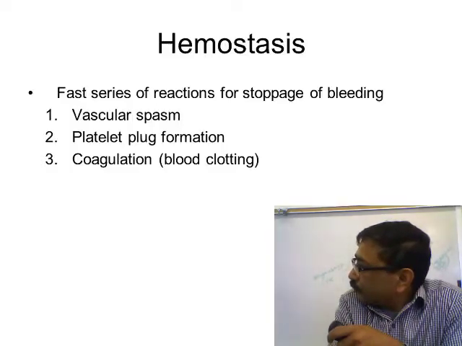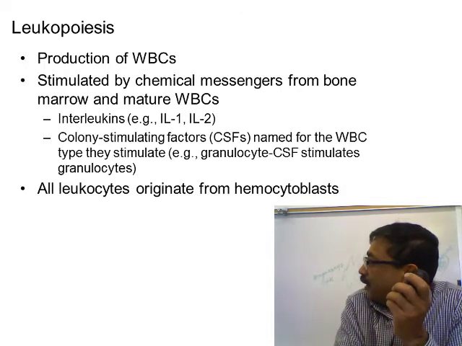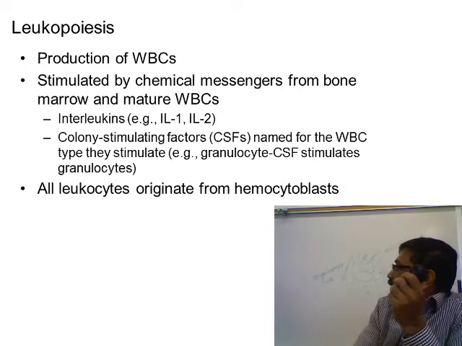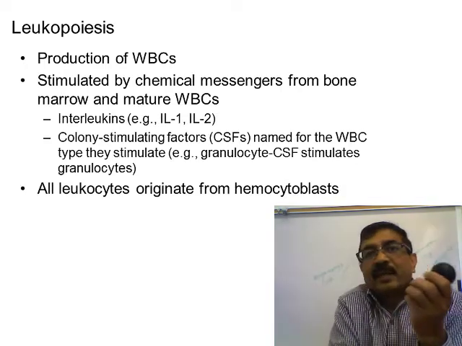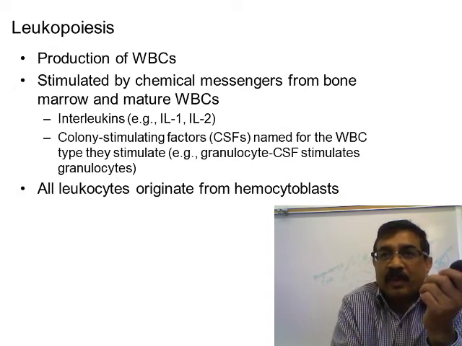We know all blood cells come from the stem cell that is called hemocytoblast, not only leukocytes. All blood cells come from hemocytoblast. Here you see how different types of white blood cells come from hemocytoblast.